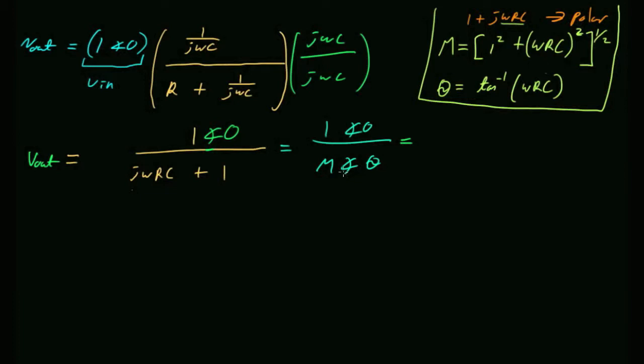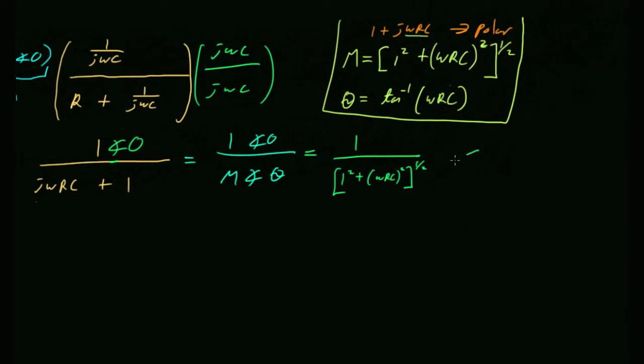Okay, so how can I divide my magnitudes? Simply 1 divided by m, right? That's how you divide magnitudes. So 1 over the square root of 1 plus (omega RC) squared. That's the magnitude of my output voltage.